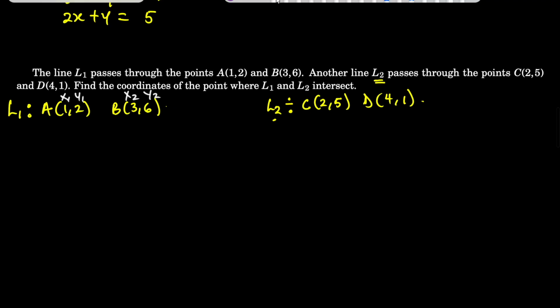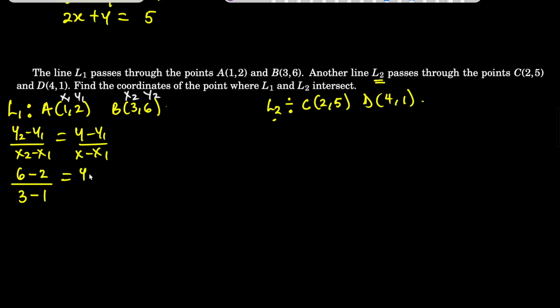We use y2 minus y1 over x2 minus x1 equals y minus y1 over x minus x1. y2 is 6, y1 is 2, x2 is 3, x1 is 1. And this is equal to y minus 2 over x minus 1. 6 minus 2 is 4, and 3 minus 1 is 2.